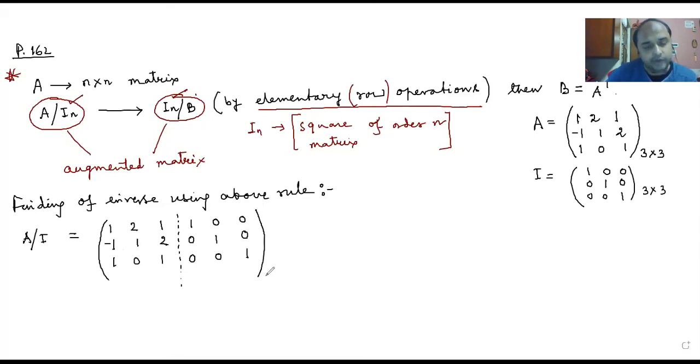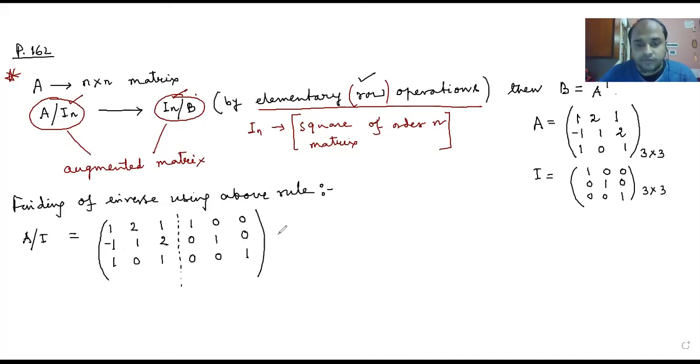According to the rule, I'm not going to apply any column operation. I'm going to apply only row operations as stated over here. Column operation is prohibited now.